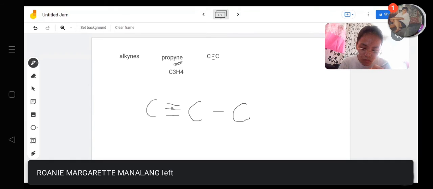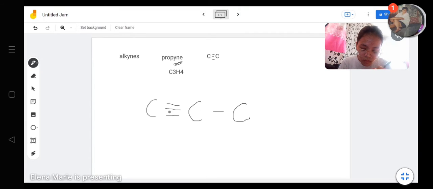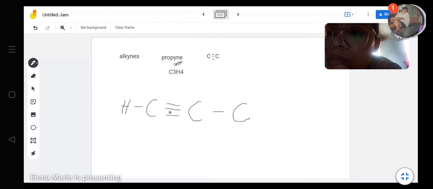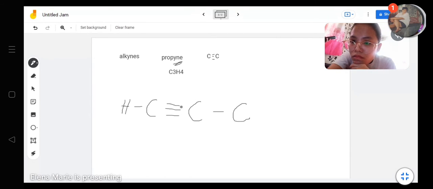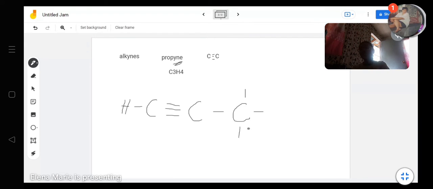So you have 3 bonds already for this carbon and this carbon. It lacks a hydrogen here to complete the tetravalency of carbon. So for this, you already have 4, so you don't need to add any more hydrogen to bond with the second carbon. Then you will have the 3 hydrogens that should be bonded with this third carbon: one hydrogen, another hydrogen, and then another hydrogen.